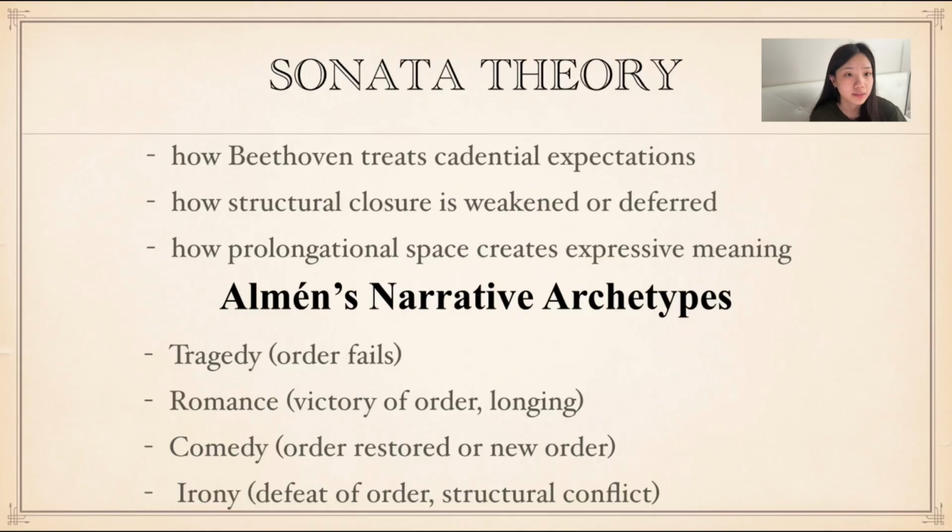Second, elements of narrative archetypes. I treat musical events as narrative actions. The four basic archetypes are tragedy, when order fails; comedy, when order is restored or a new order emerges; romance, victory of order, meaning a longing or striving toward restoration; and irony, defeat of order, where structural conflict becomes the main expressive force.